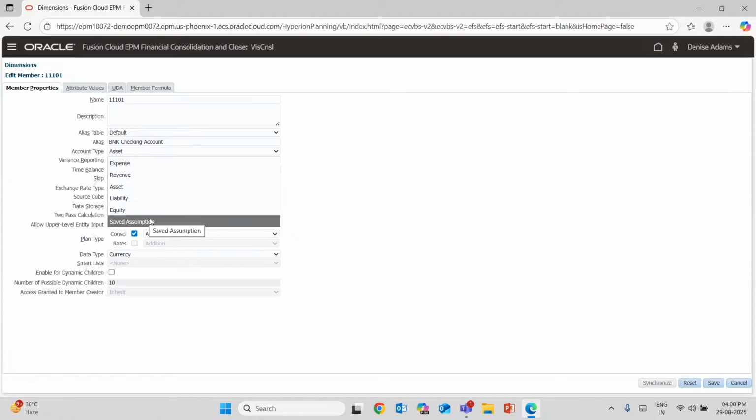Now, saved assumption. Saved assumption in account type is a non-financial item.